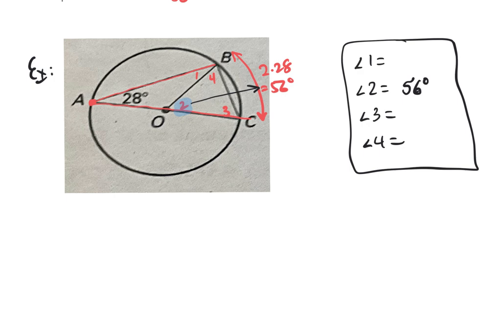Then, the theorem that we just talked through: since the chord from A to C goes through the center, O, AC is a diameter. I'll just put a little arrow in there. So AC is a diameter.